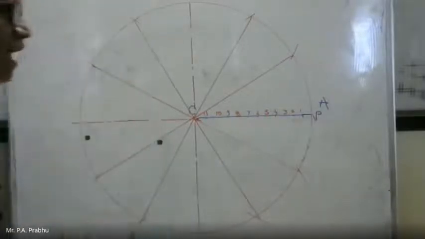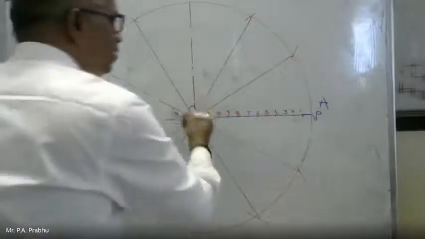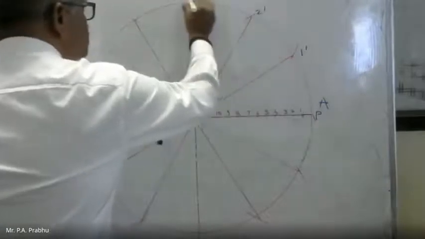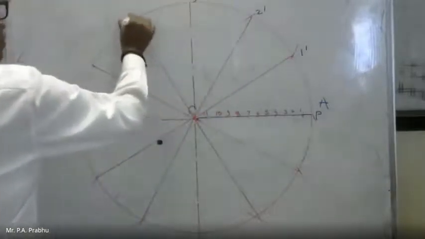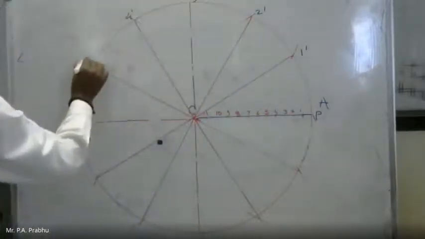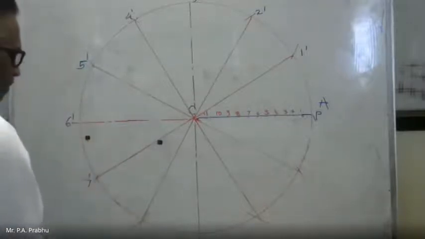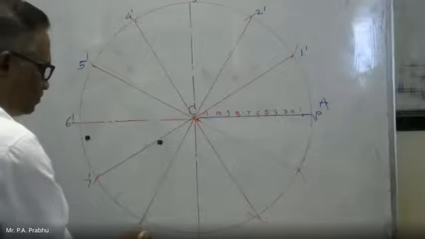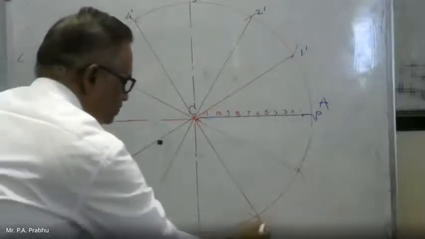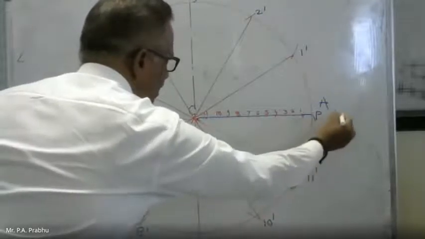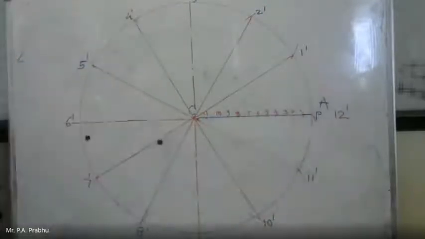So simply we have marked the 12 different positions of the line OA. These may be 1 dash, 2 dash, 3 dash, 4 dash, 5 dash, 6 dash, 7 dash, 8 dash, 9 dash, 10 dash, 11 dash, and 12 dash.